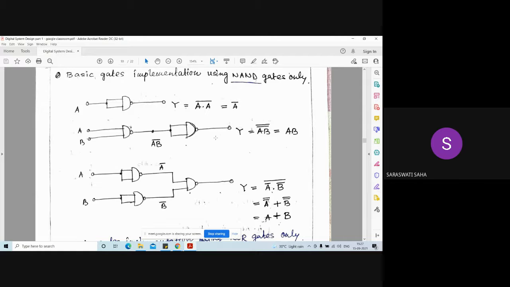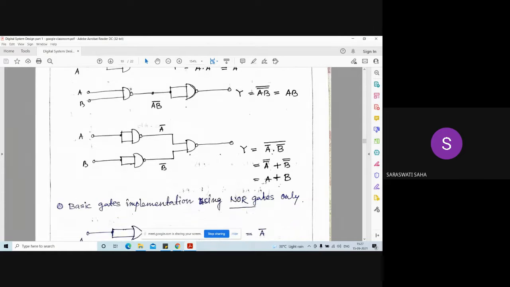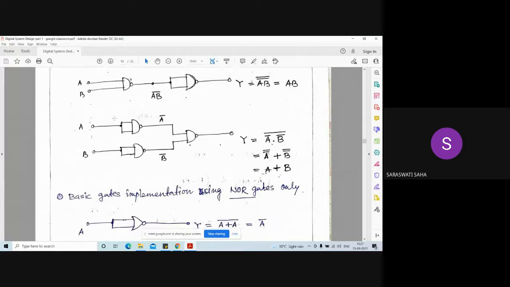Here you will get the OR operation. How many NAND gates are required to implement this? 1, 2 and 3. So three two input NAND gates are required to implement a two input OR gate. Is it clear from the diagram? See, A naught, B naught.